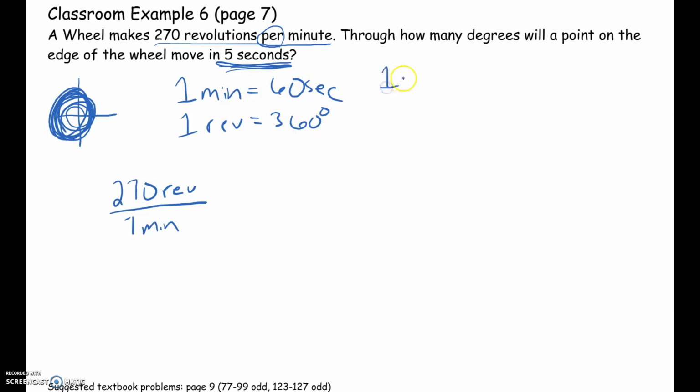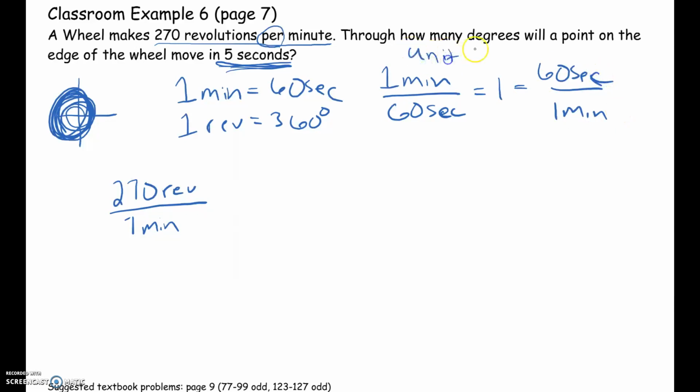So if I take 1 minute divided by 60 seconds, that just equals 1. I could also write that as 60 seconds over 1 minute. That still equals 1, right? That's why it's called a unit fraction.